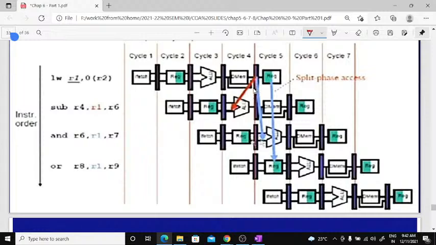Suppose this is the instruction sequence. There is a load instruction, then subtraction and OR.